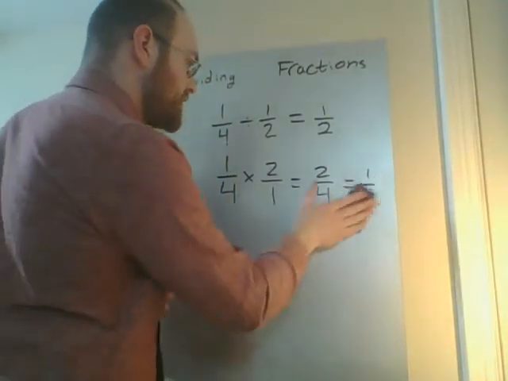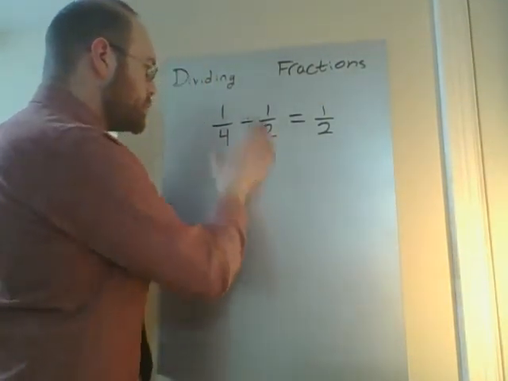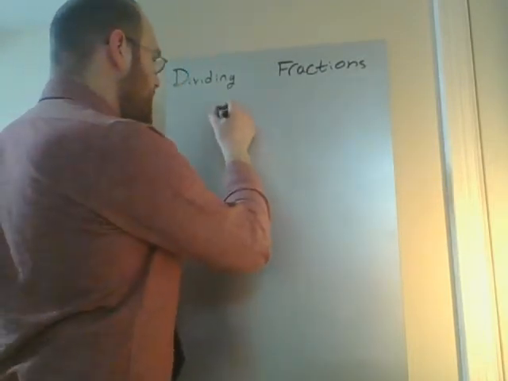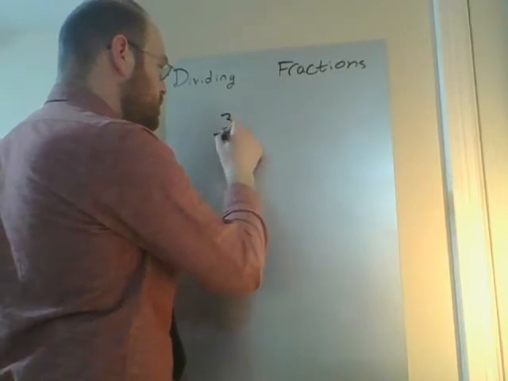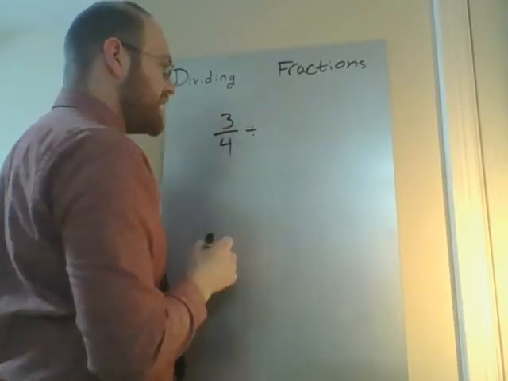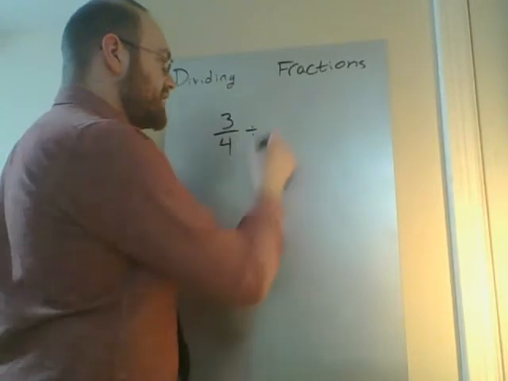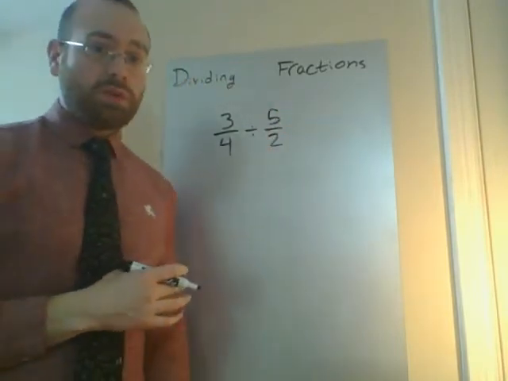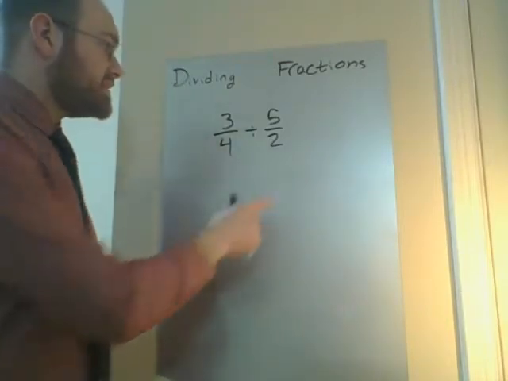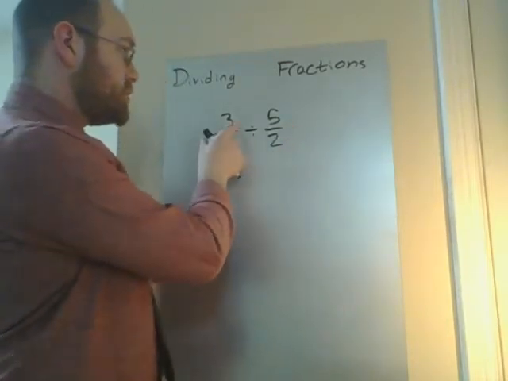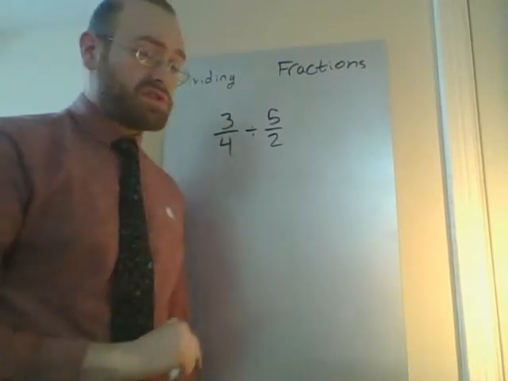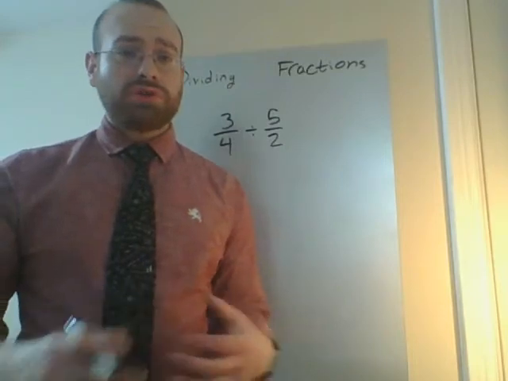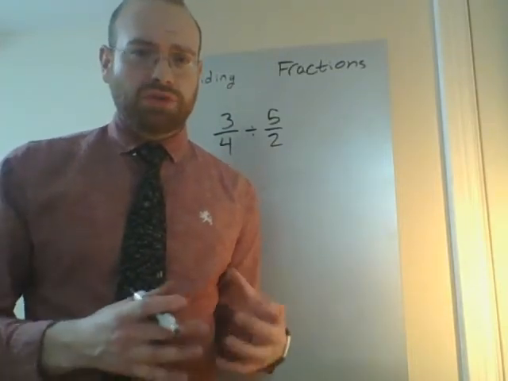So let's do one more example. And we won't worry about drawing pictures this time. We'll just write it out. So let's say we have 3/4 divided by, let's say, 5/2. Now we could ask, how many pieces of size 5/2 go into a piece the size of 3/4? But that's going to be really confusing, and it's going to be hard to draw pictures and do that mental gymnastics.